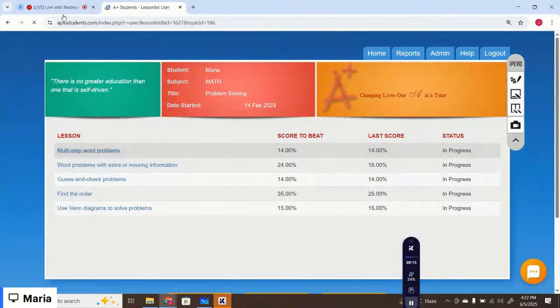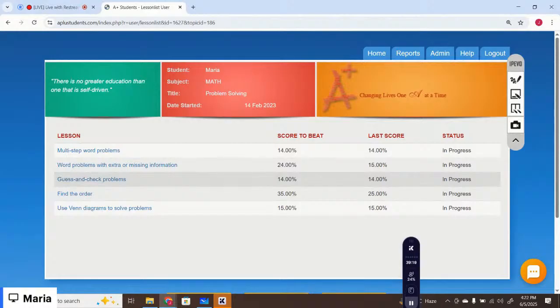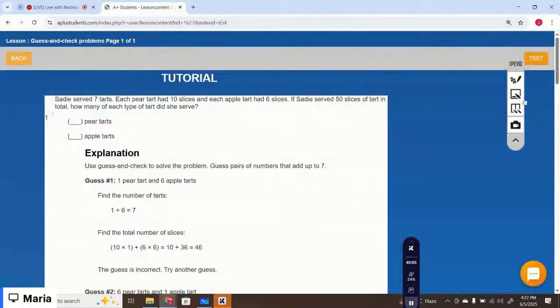The next lesson is guess and check words. Let's just start with the test questions.